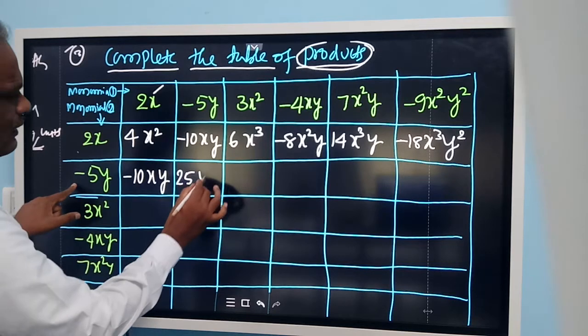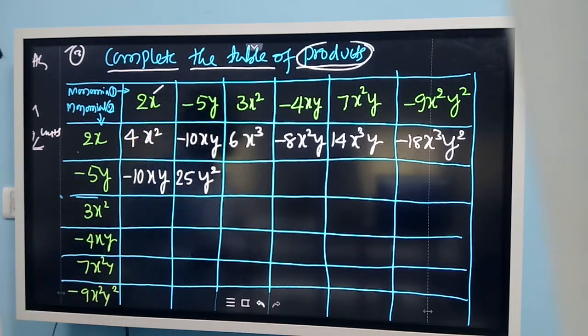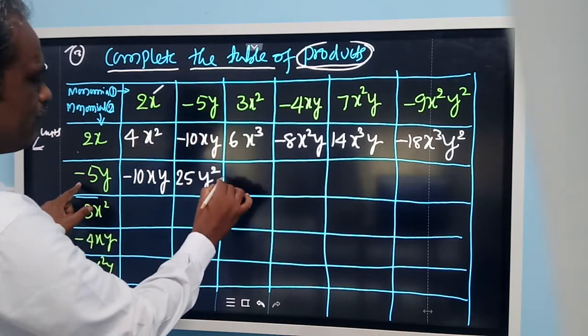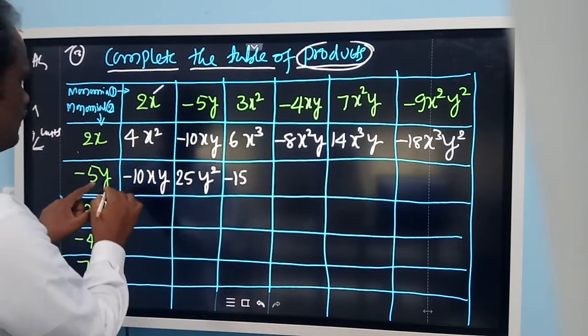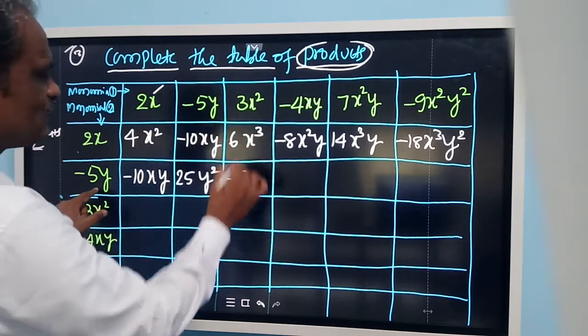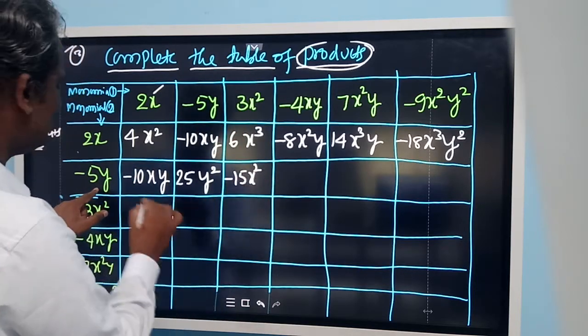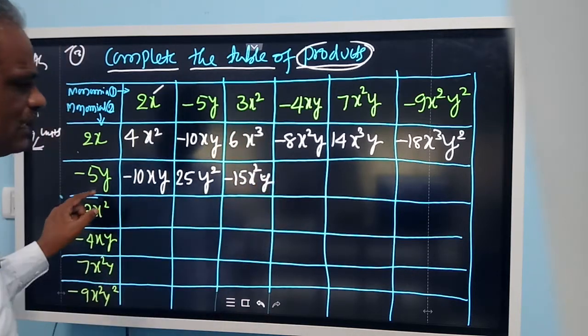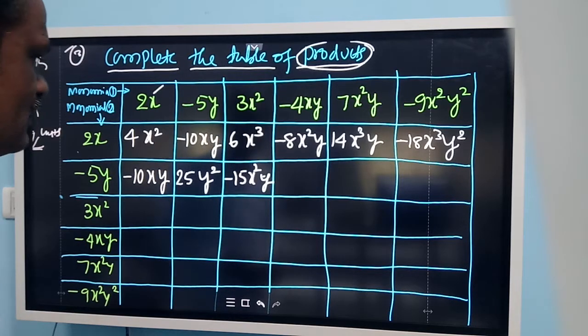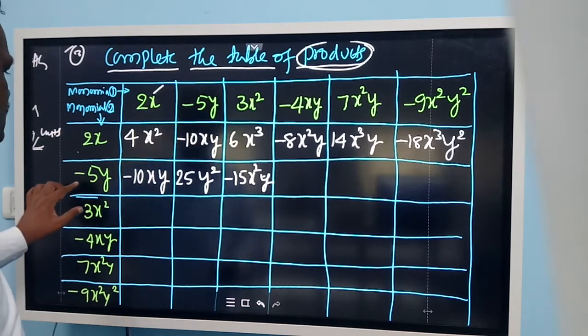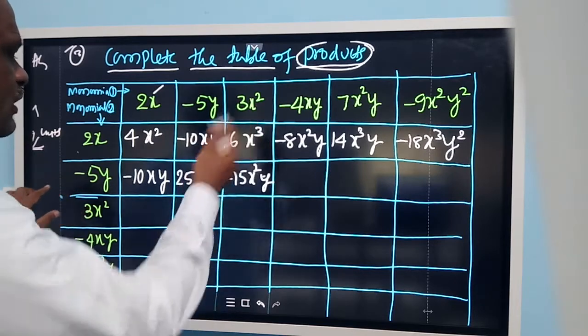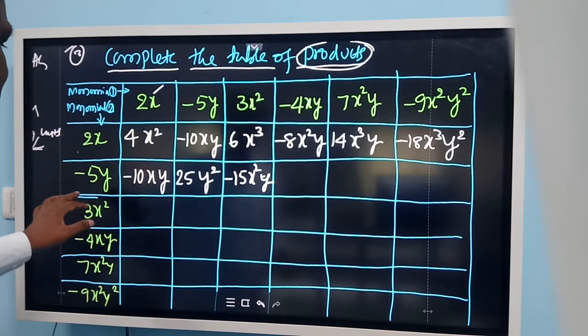Then y into y square, positive, negative and negative becomes positive. Then minus 5 into 3, minus 15. y is alone and x square is different. x square as it is and then y as it is. They are unlike terms, just you write as it is. Next, variables are unlike, therefore you can write separately, x square y as it is.